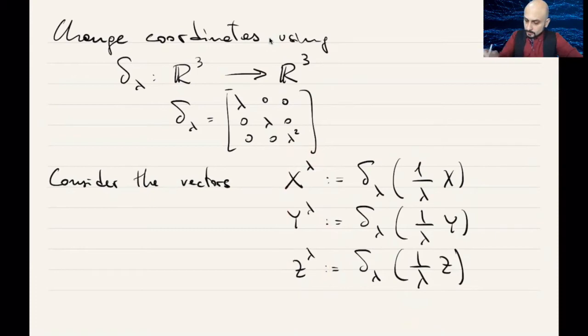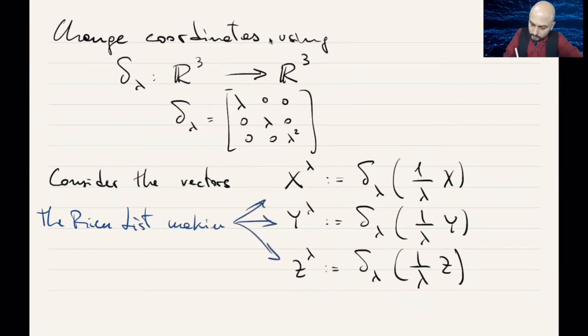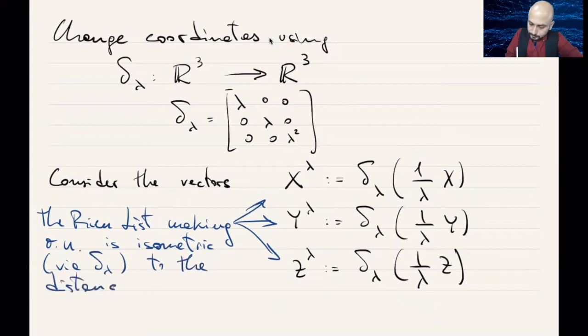So the Riemannian distance making these three vectors orthonormal is isometric via delta lambda to the distance lambda d1. So we have another model for our space.